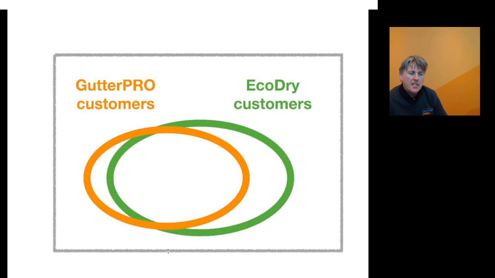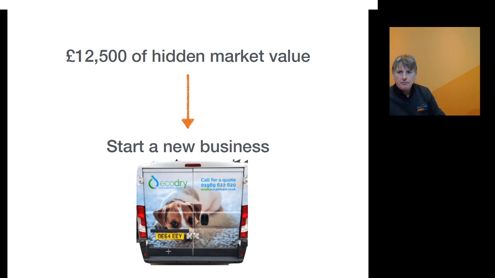With a carpet business, there's going to be, obviously, people who live in tall flats would have their carpets cleaned, but wouldn't use our GutterPro services. So we think it's a very high overlap in terms of the customers who might use both services. So that's the whole idea of leverage.